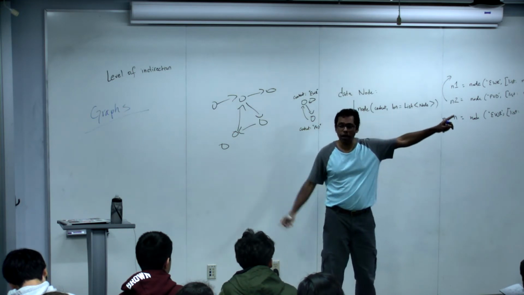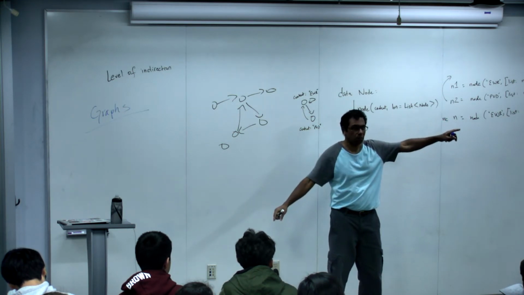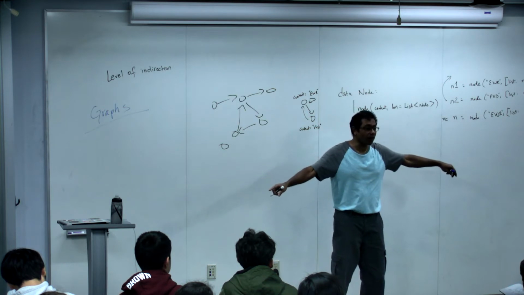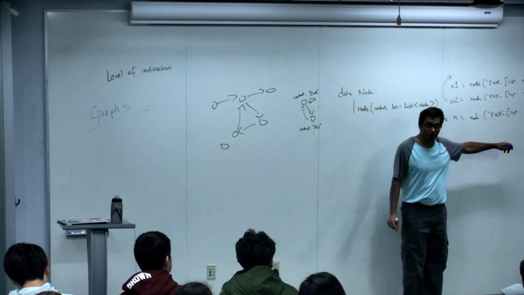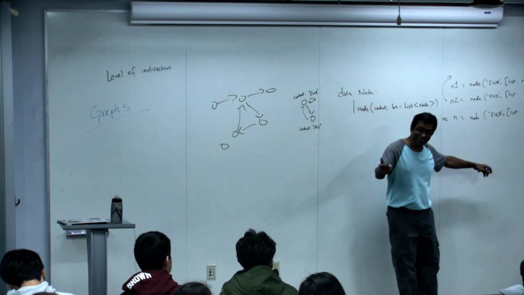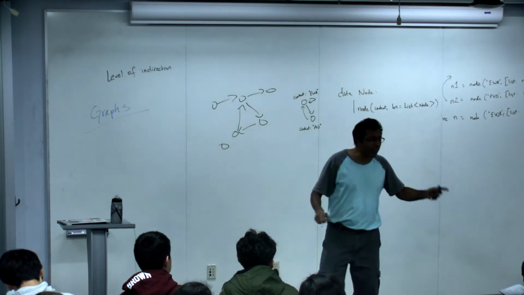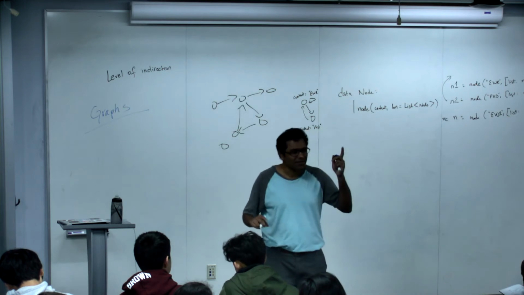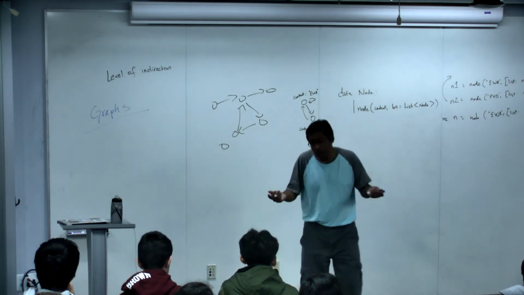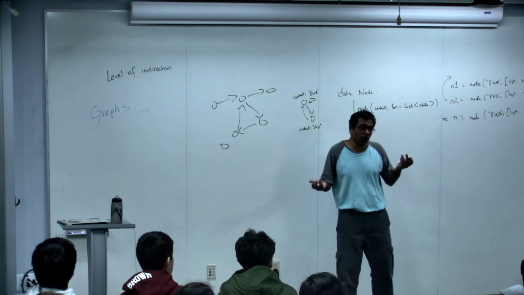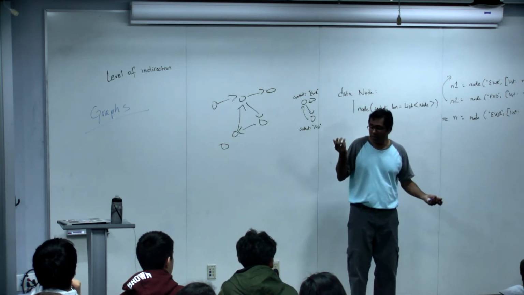Yes or no? Why not? It no longer gives me an unbound identifier error. What does it give? It keeps going. It could also throw an error, right?